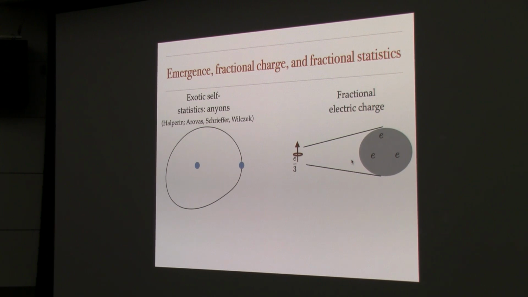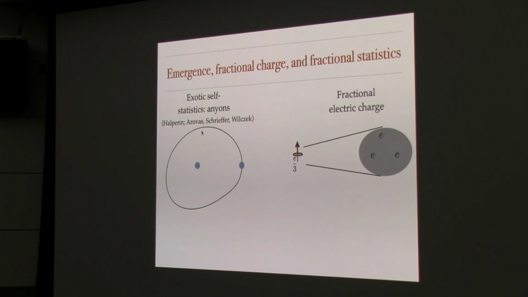There's no E/3 anywhere when you look closely enough, but only when you step back and look at the low energy physics of this system do you see that there are objects that you should think about as particles and they carry a fractional electric charge, okay? Clearly not something you can get by starting from electrons and trying to build things out. So this is an emergent phenomenon.